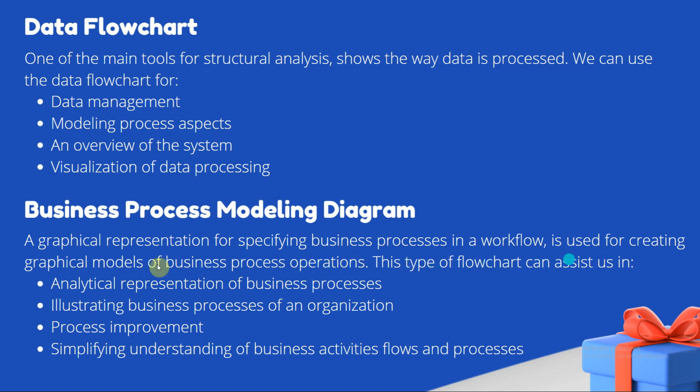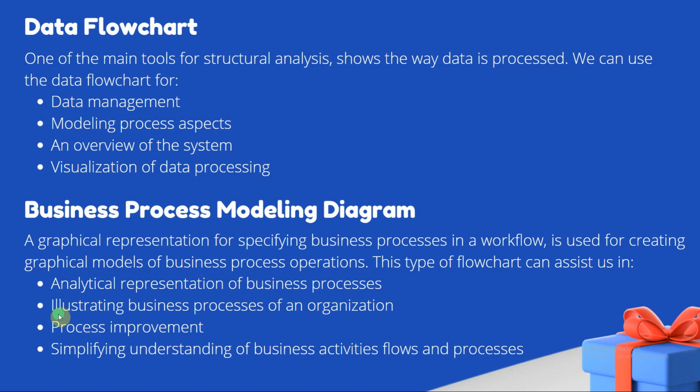So this type of flowchart can assist us in making an analytical representation of business processes. One example, as you may remember from last time, is how the HR handles the development or employment of a staff member or employee in their company. So that is the analytical representation of their method and their functions.